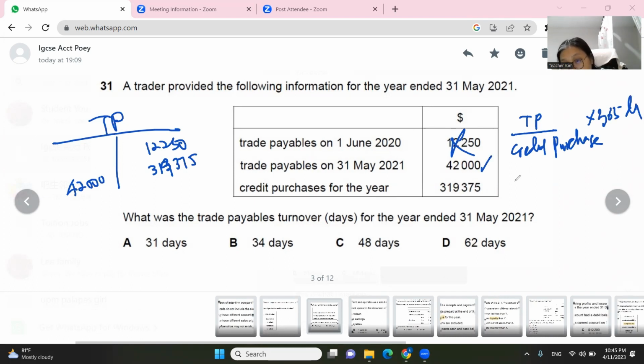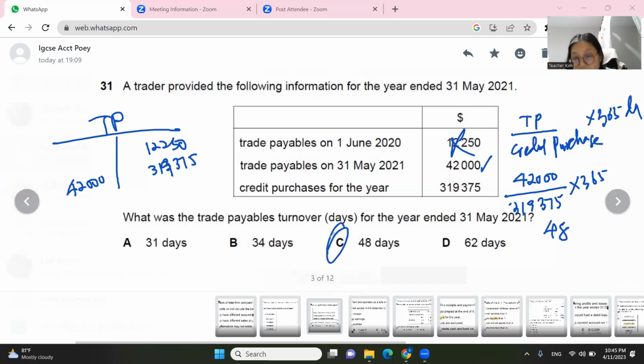So the closing is 42,000 divided by credit purchases 319,375 times 365 days. So let's calculate: 42,000 divided by 319,375 times 365. So we get 48 days. So the answer should be C. Okay, next, move on.